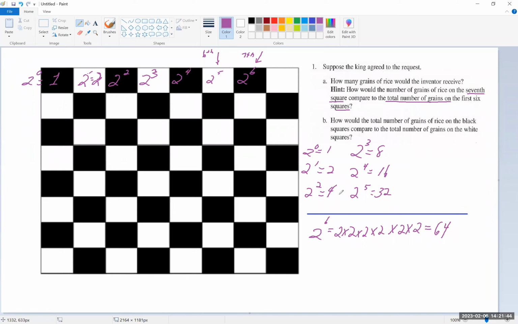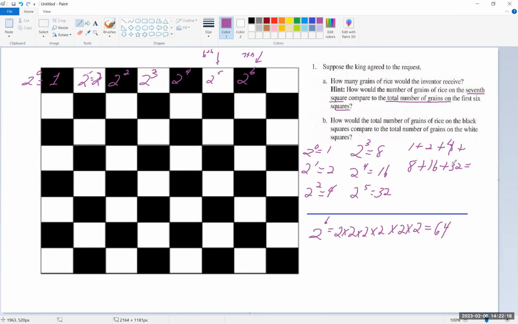I didn't expand all these the way I did this one, but you get them the same way, right? 2 to the fifth power is 2 times 2 times 2 times 2 times 2. But if we add all these, so it's 1 plus 2 plus 4 plus 8 plus 16 plus 32.